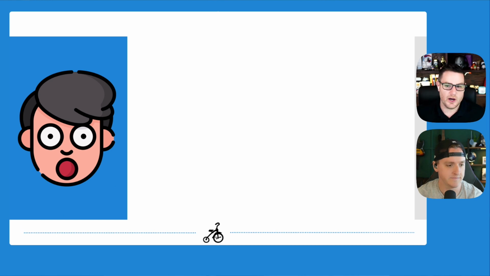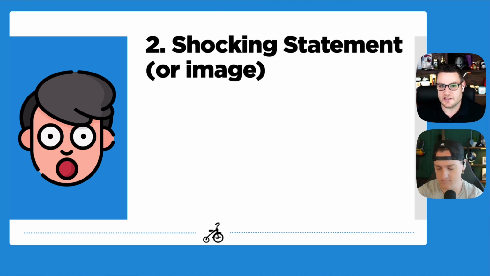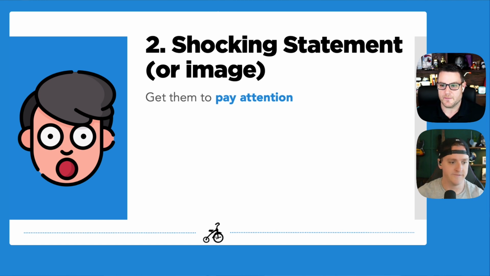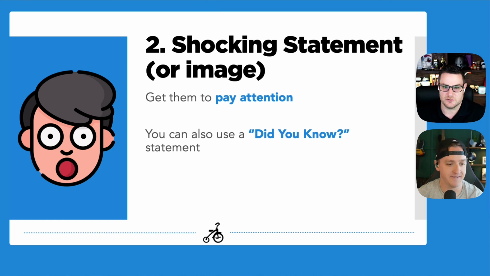Cool. All right. Now the next piece is a shocking statement or image, the pearl clutching. We want them to pay attention. You can also use a "did you know" statement here. The image is not necessarily always going to be applicable, but if we were using our continued example of the dog's paws, you could have a really bad looking paw, because dogs will sit there and chew on them.